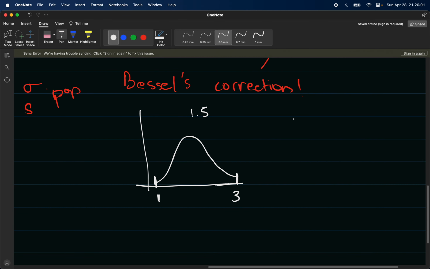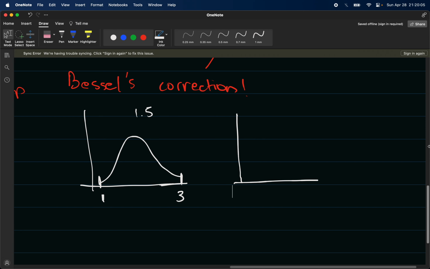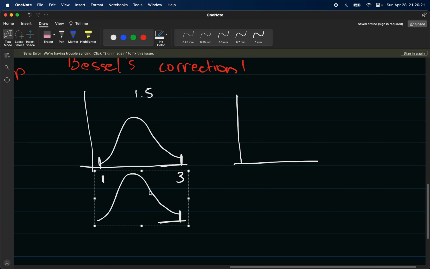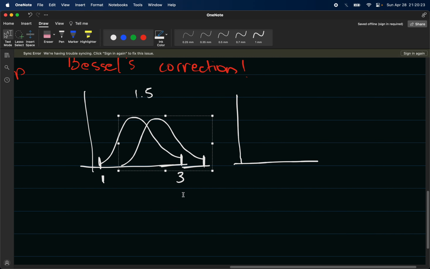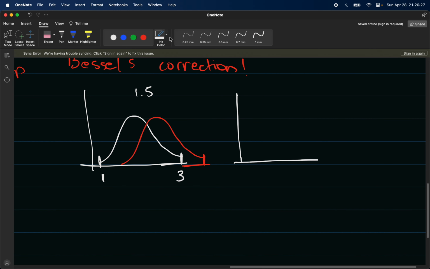Now when I'm adding a constant to each point in my data set, what am I really doing? I'm taking this distribution here, and I'm really just shifting it around a bit. That's all I'm doing.